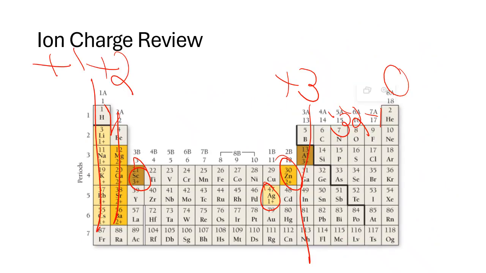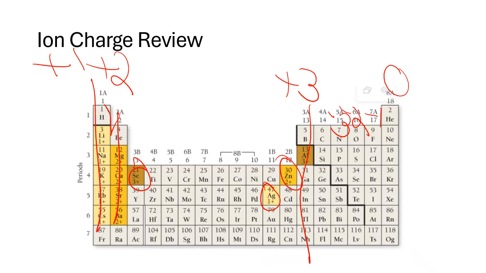And here are ion charges for those groups. Hydrogen will form a +1, although in a sense it doesn't really matter because it doesn't form an ionic bond. But in a sense, that whole group forms a +1 charge.